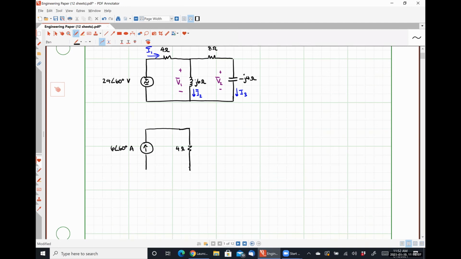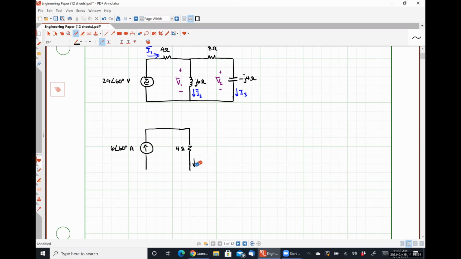So let me ask you a question. I1 is listed as the current flowing through the 4 ohm resistor. Can I safely say that I1 is the current flowing through the 4 ohm resistor now after I've done that transformation? Absolutely not. Okay, I want to be very, very clear about that.